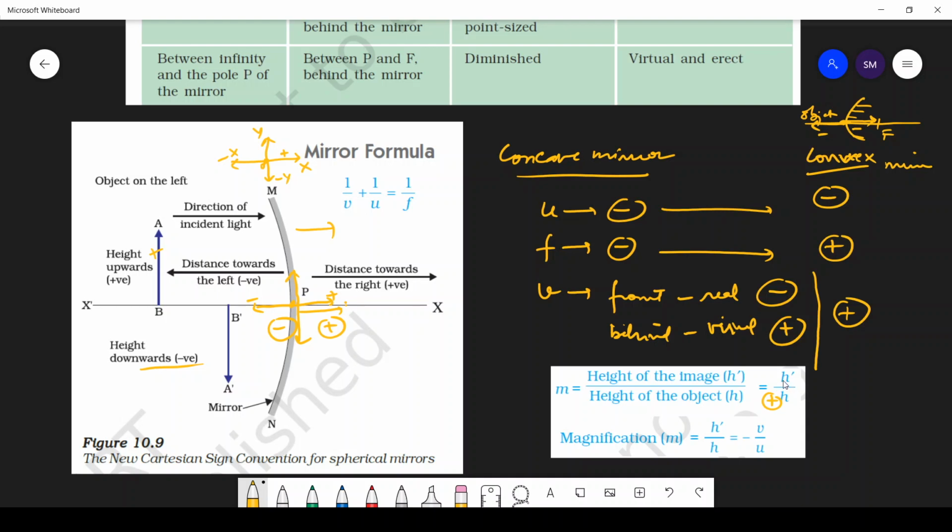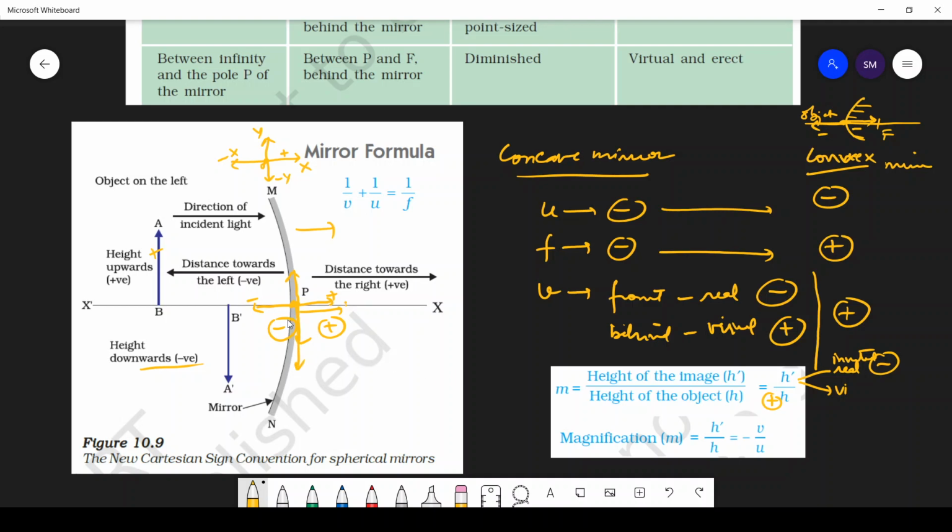What about h dash? If the image is real and inverted, then it will be negative, because you will be moving down from the pole.